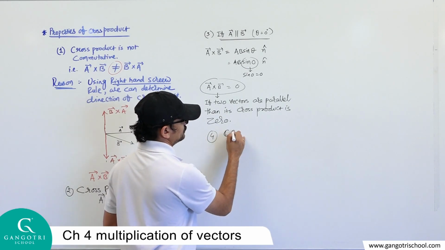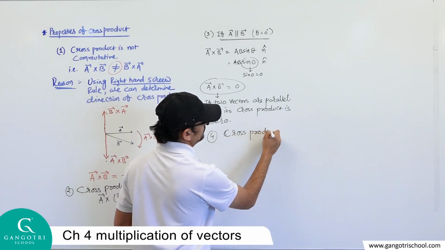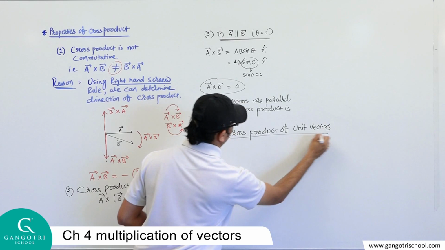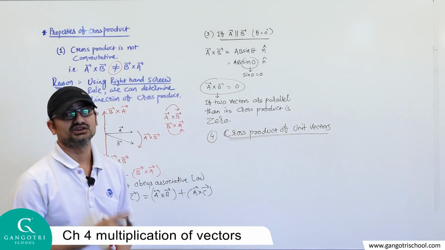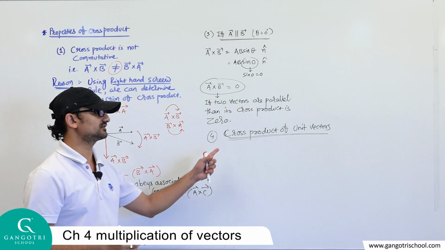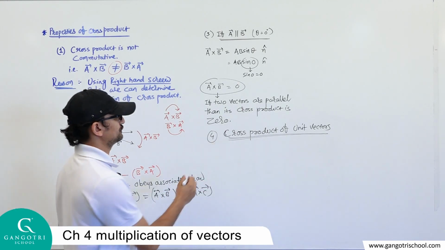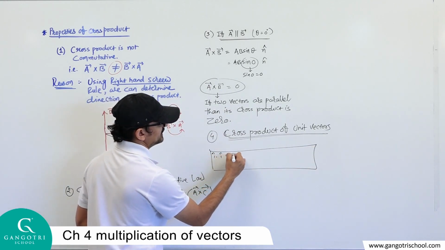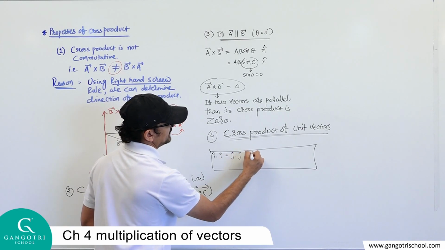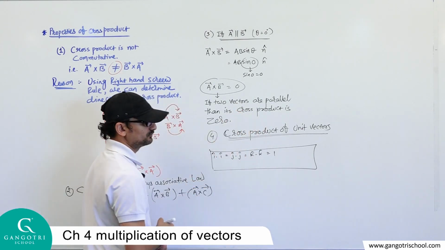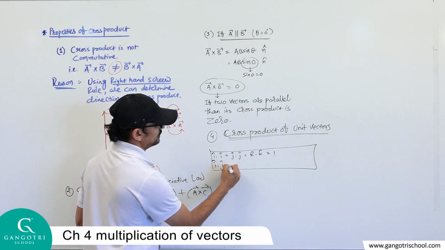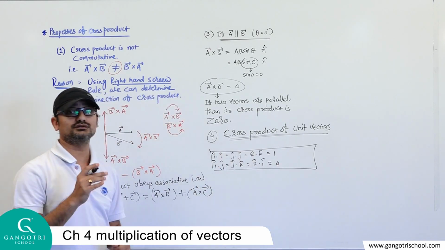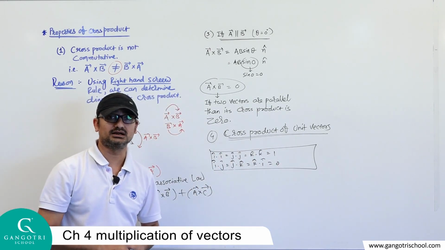Now the next one, property number four. Let's understand the cross product of unit vectors. In the previous part, we already studied the dot product of unit vectors. If you remember this portion, i caret dot i caret, j caret dot j caret, k caret dot k caret are all equal to 1, whereas i dot j, j dot k, or k dot i equal 0, which we already studied in the previous part, properties of dot product.